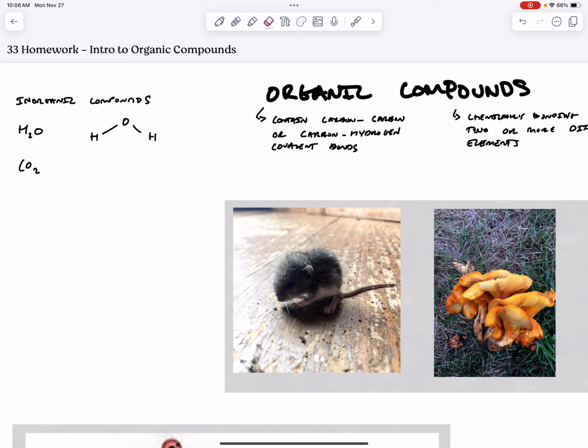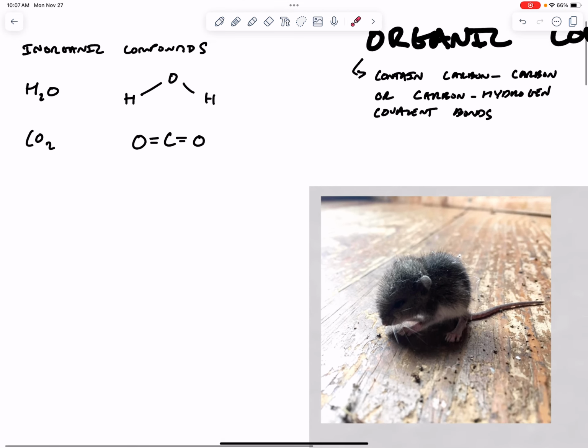Sorry, that's wrong. Erase. Looks like this. Okay. These are examples of inorganic compounds because they do not contain carbon-carbon or carbon-hydrogen bonds. So this has no carbon in it, so it can't be organic. This CO2 has carbon in it, but no carbon-carbon or carbon-hydrogen bonds. So this is also an example of an inorganic compound, kind of sneaky.